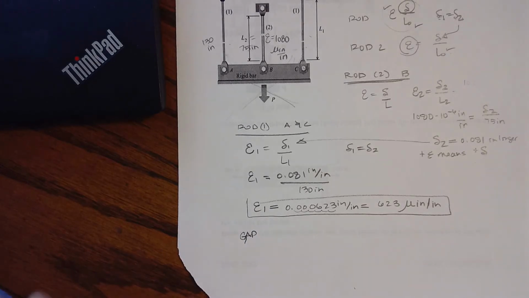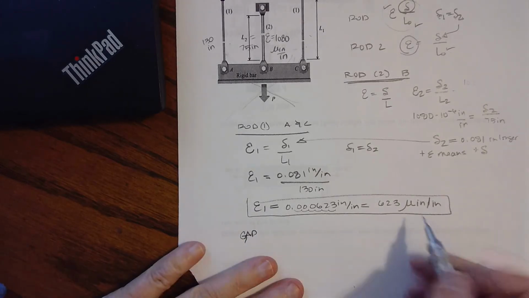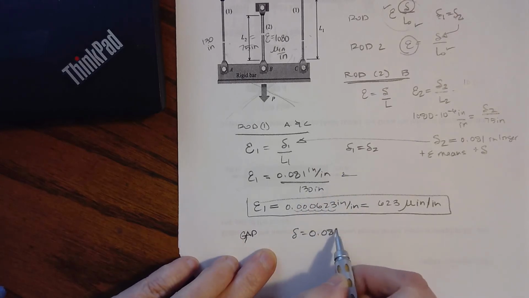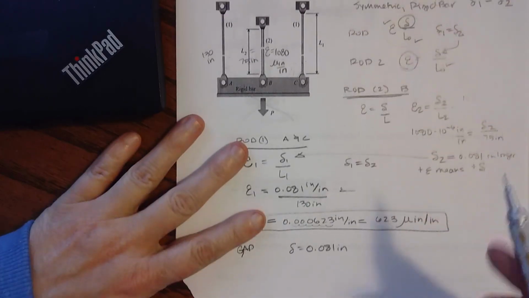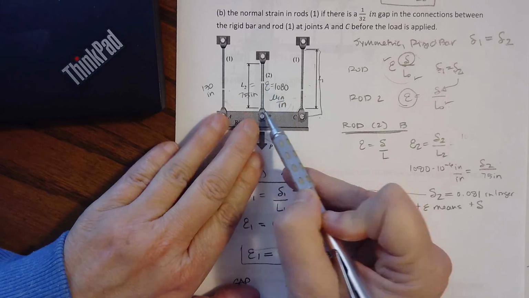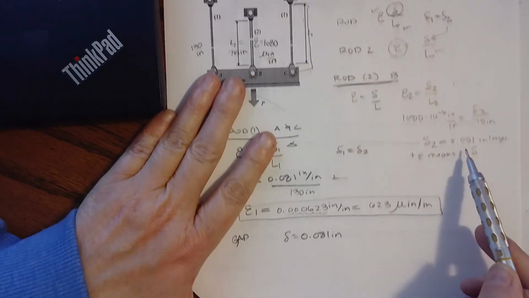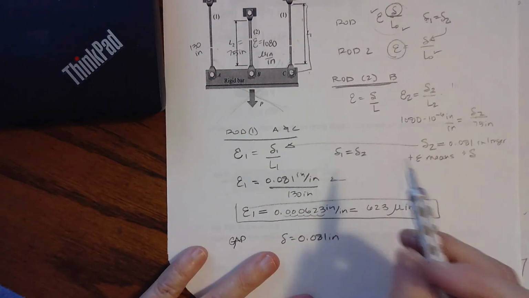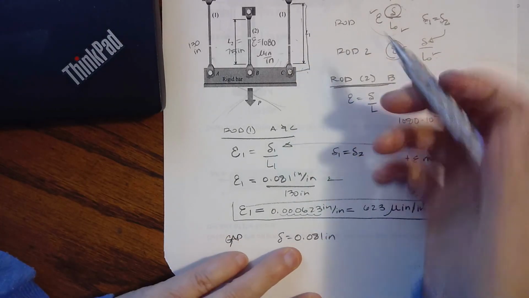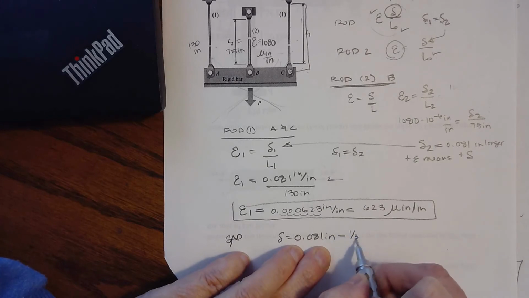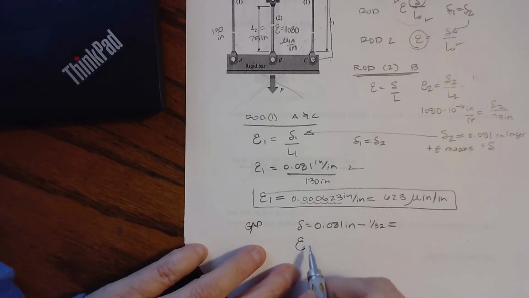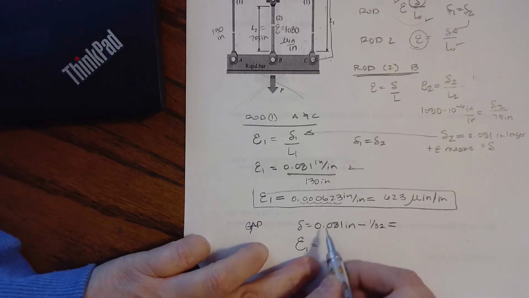Okay, what happens? So if I have a gap, I know that my delta is 0.081 inches because this whole thing is having to stretch down as this one is stretching down. Now, instead of having to stretch down the full amount, we can take off that 32nd of an inch of wiggle room. So when I'm looking at the strain now, it should go down because I have a little bit of play in the system.